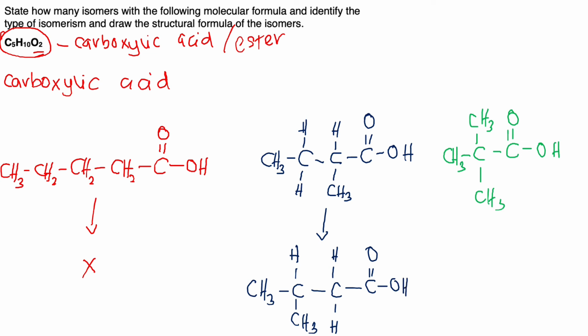Because I want to consider position, where the skeletal is the same. Look at this. The skeletal is still the same, 4 carbon. But the position of CH3 changed. If this is 1, 2, 3, 4, and this one also 1, 2, 3, 4.